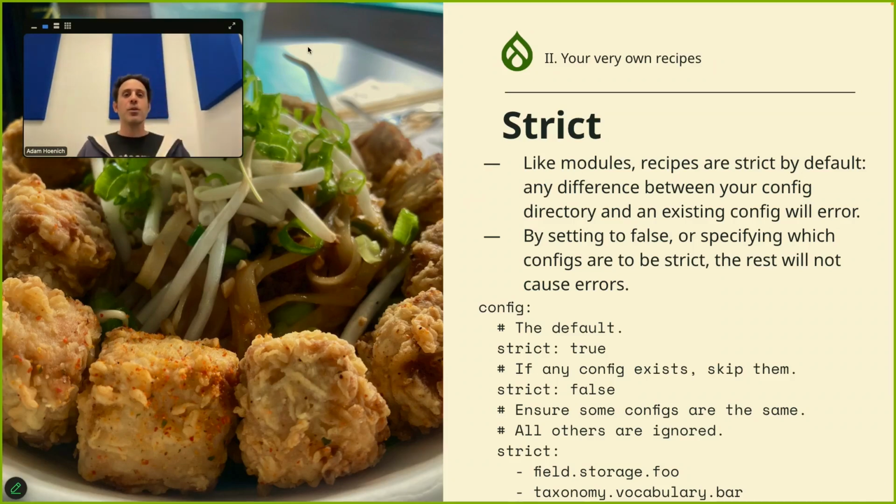It's a very, very useful thing for recipe authoring. You should let the config be treated leniently if you're going to change it in some way and you don't care what it looks like if it already happens to exist in the target site. End of rant. This is in 10.4 and above. Yes, there are a lot of fun things coming in 10.4.